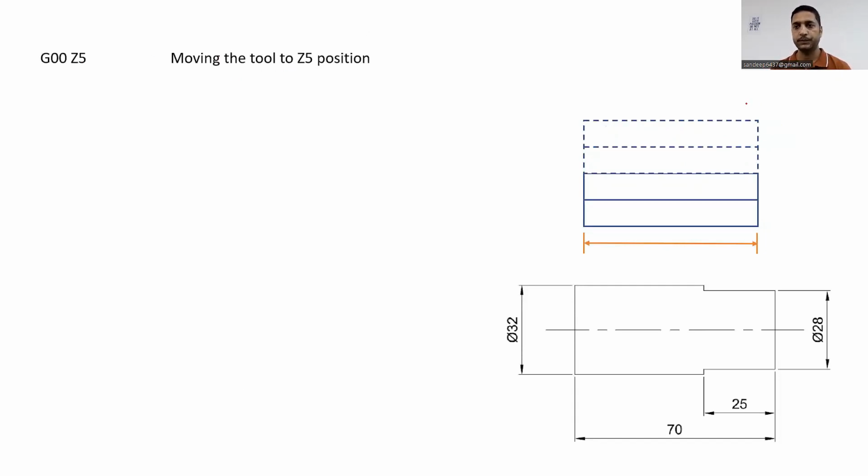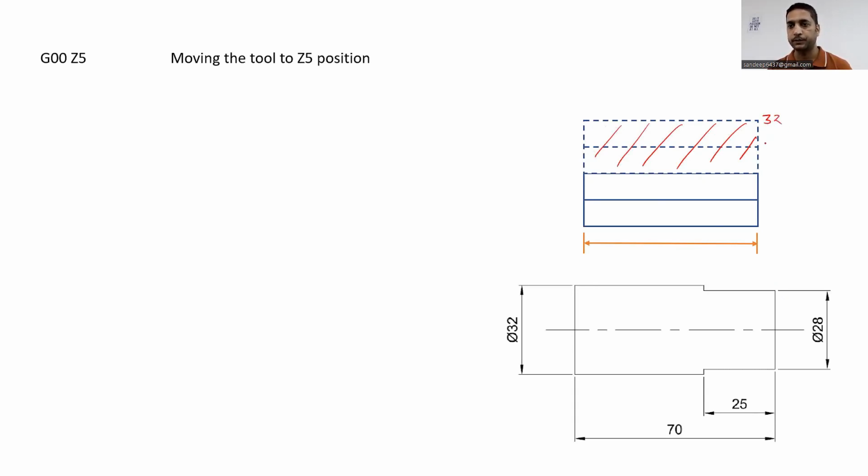And this figure shows the enlarged or scaled view of this particular portion, as I already explained in the previous slide. The dotted portion shows that we have already removed this much material from the workpiece. Let me just mention the diameters for you. We know that the outside diameter for this workpiece is 32 mm.